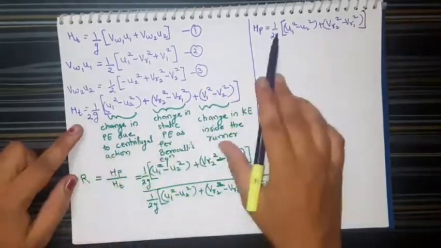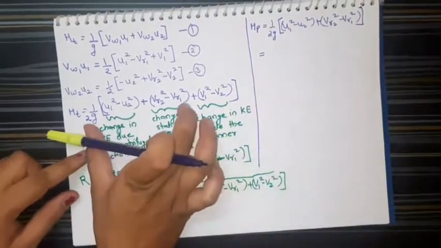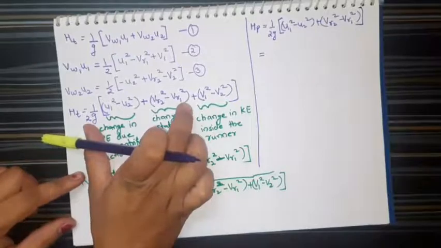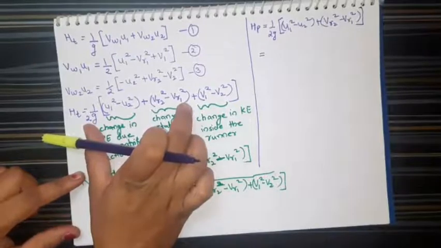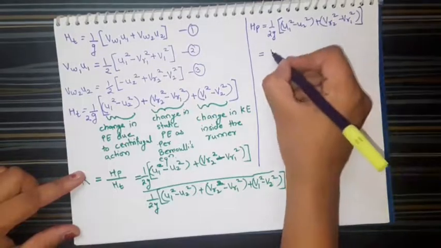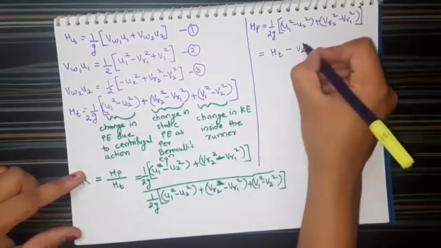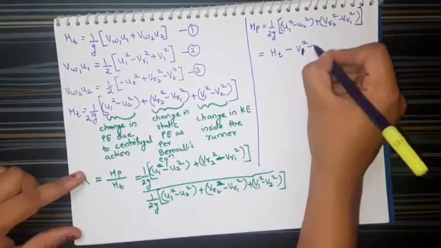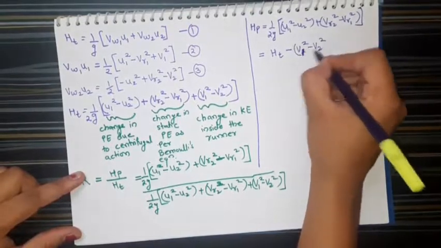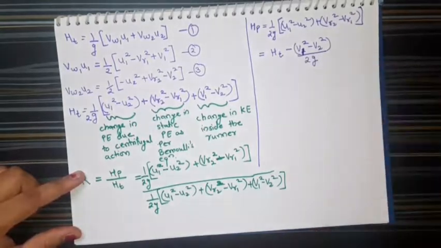If we see both these equations, we are only subtracting this, we are only taking this much value. So we can write HP is equal to HT minus V1 square minus V2 square by 2G.